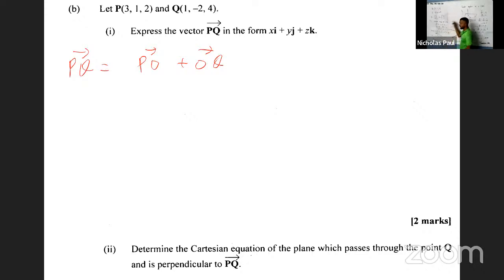So you take down this more important one.